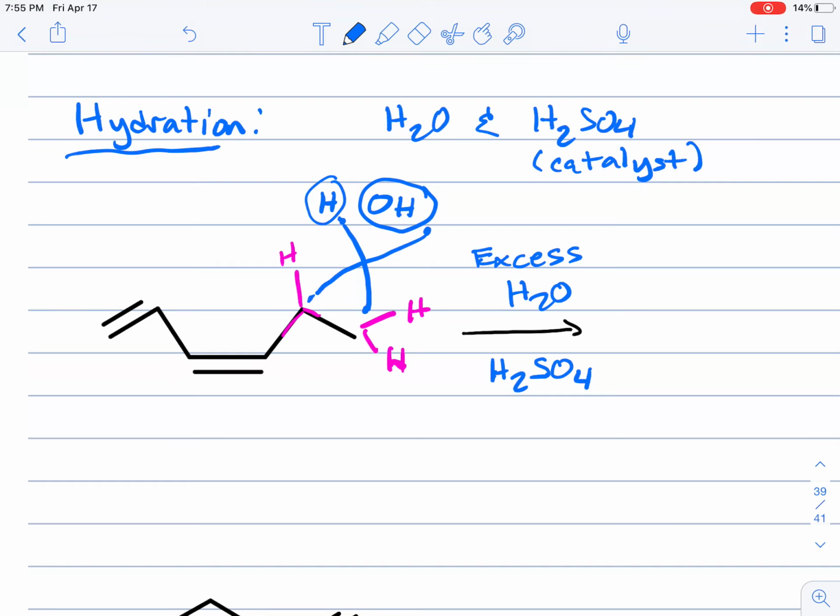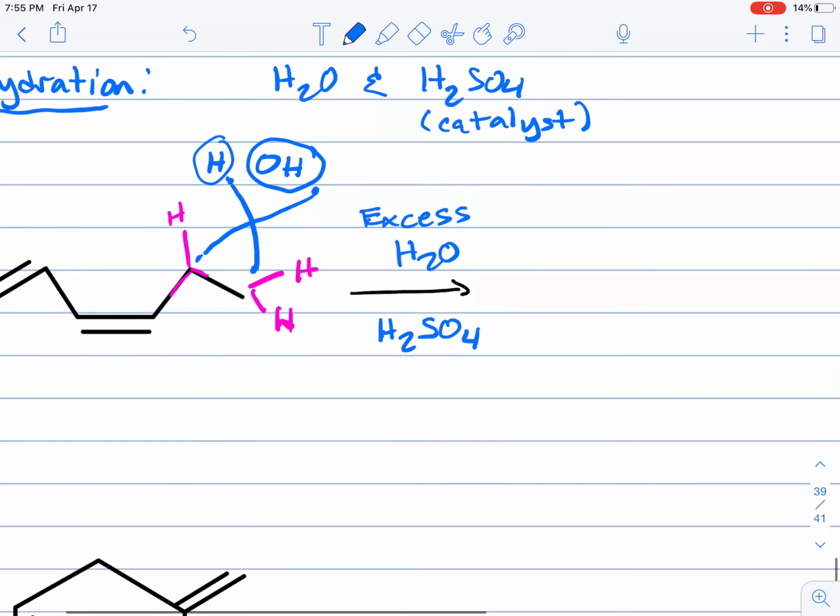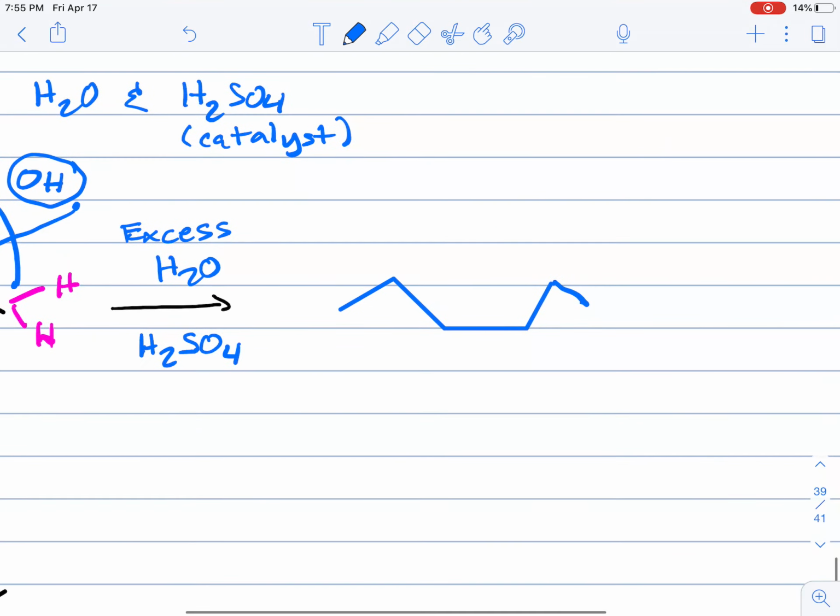And so if we're going to draw this structure, I'm just drawing one part of it at this point. So I'll go ahead and draw those double bonds.